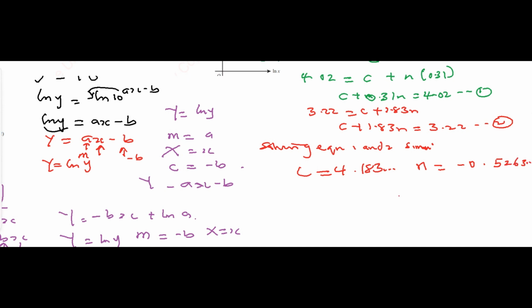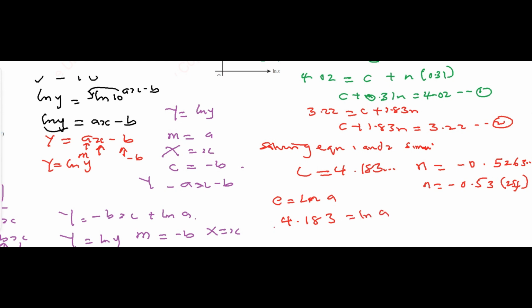But the question asks us to put it in two significant figures. N is equal to minus 0.53 to 2 significant figures. So my C, which is 4.183, is equal to ln a.